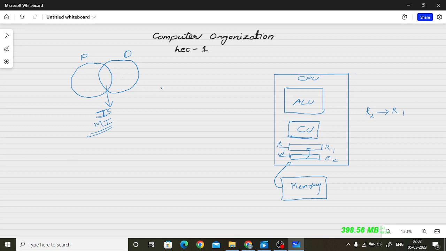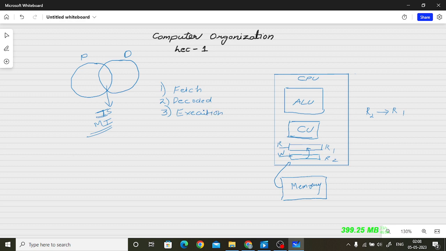What is the life cycle of an instruction? We know that it is fetched, then it is decoded, and according to that decoding the instruction is executed.